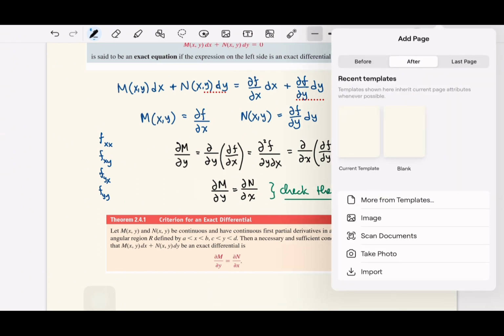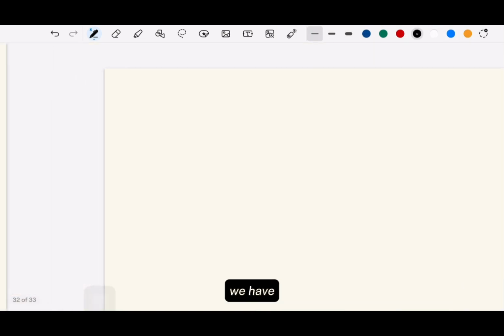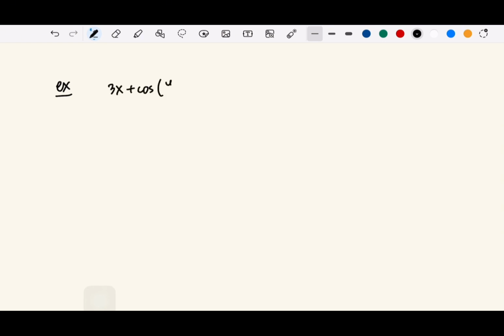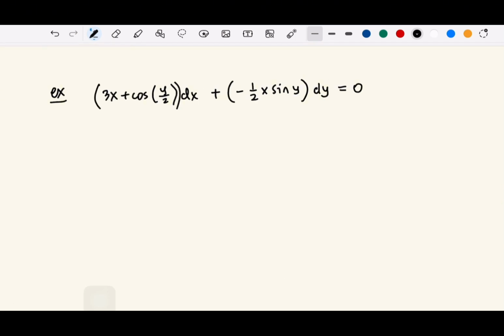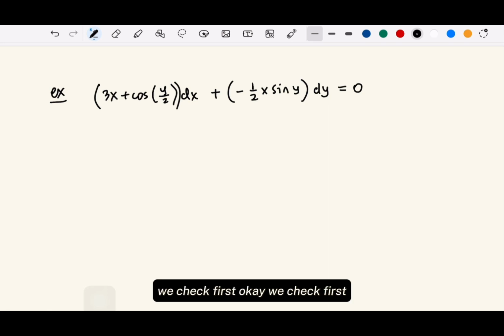Let's say we have that. We check first. So first is to check the exactness.